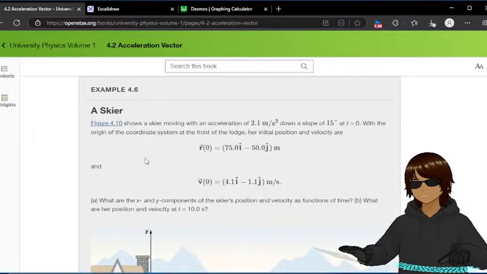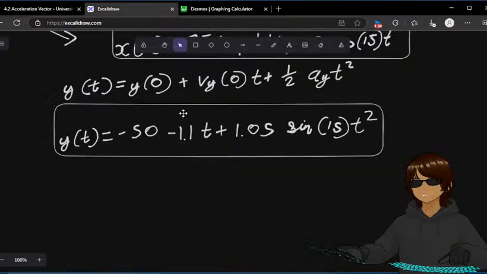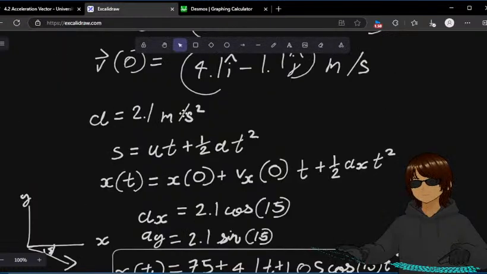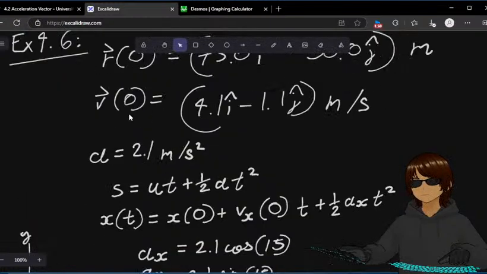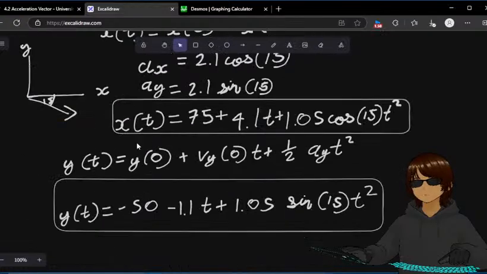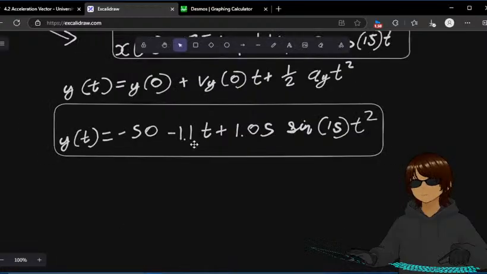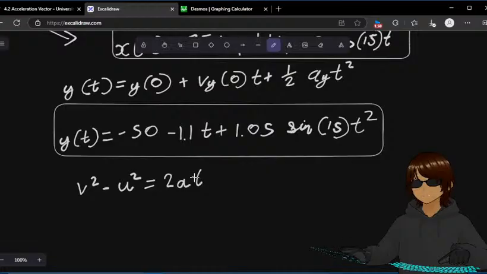So we got the x and y components of the skier's position, and now we need the velocity. x(t), y(t). v squared minus u squared equals 2a s.